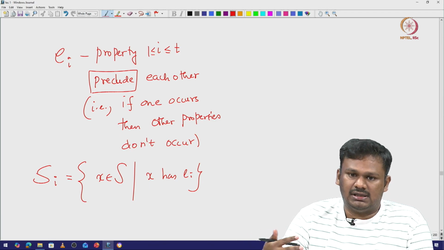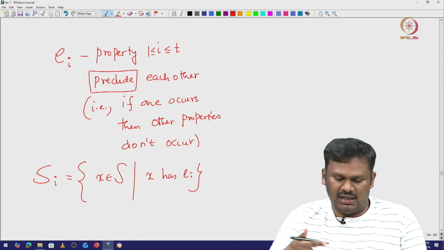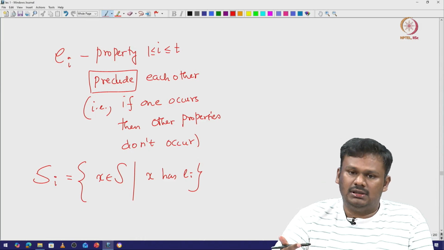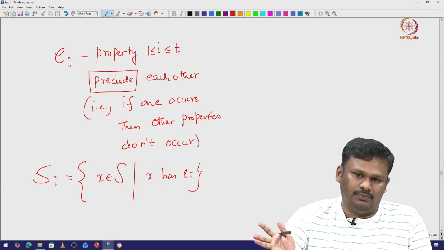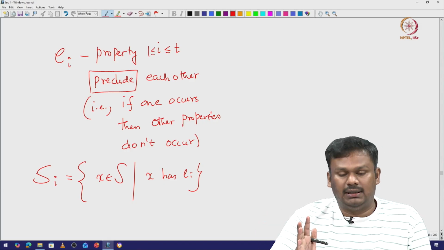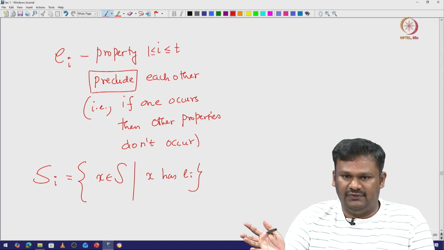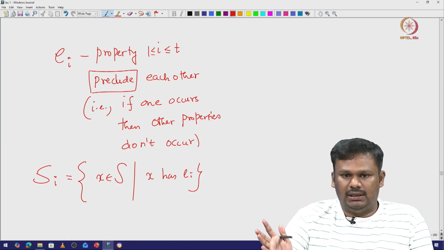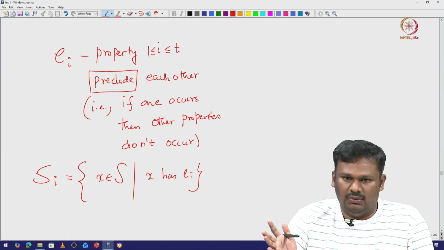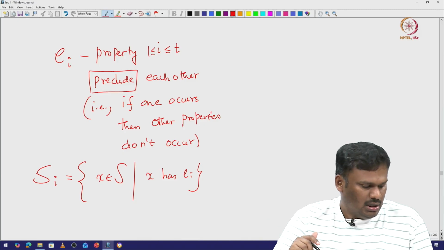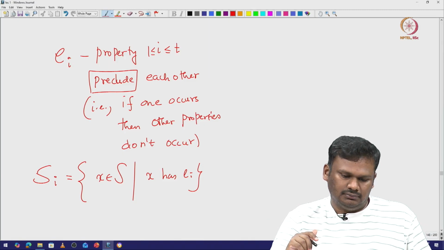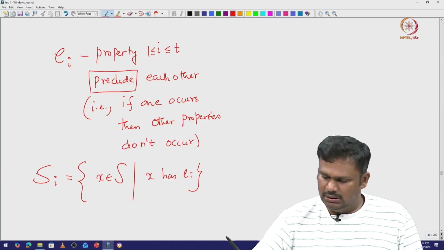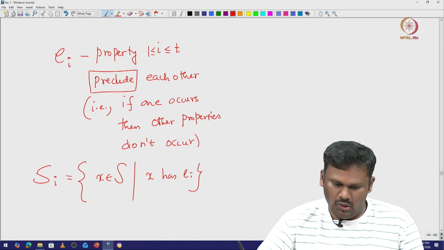So, if all the elements of S must satisfy at least one property, then S is exactly the union of Si. So, that would tell you that the cardinality of S will be the sum of the cardinalities of Si. So, this is indeed a very important basic rule in counting.